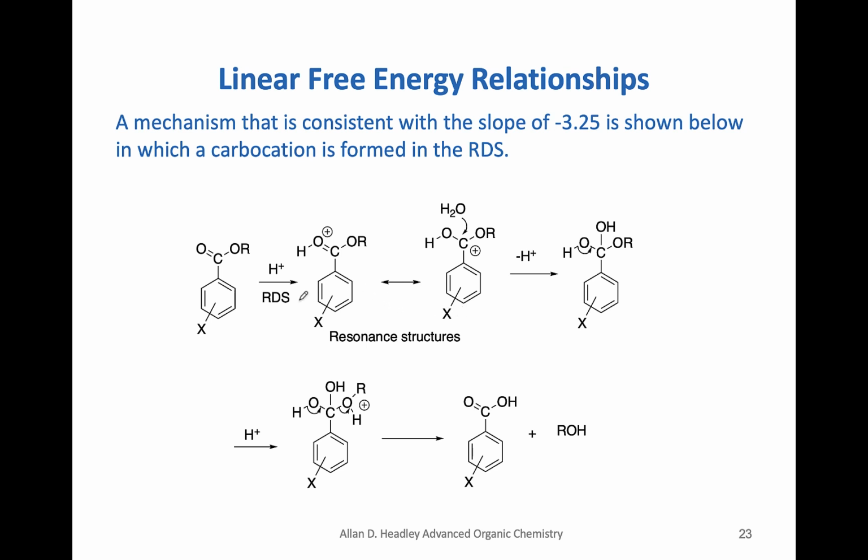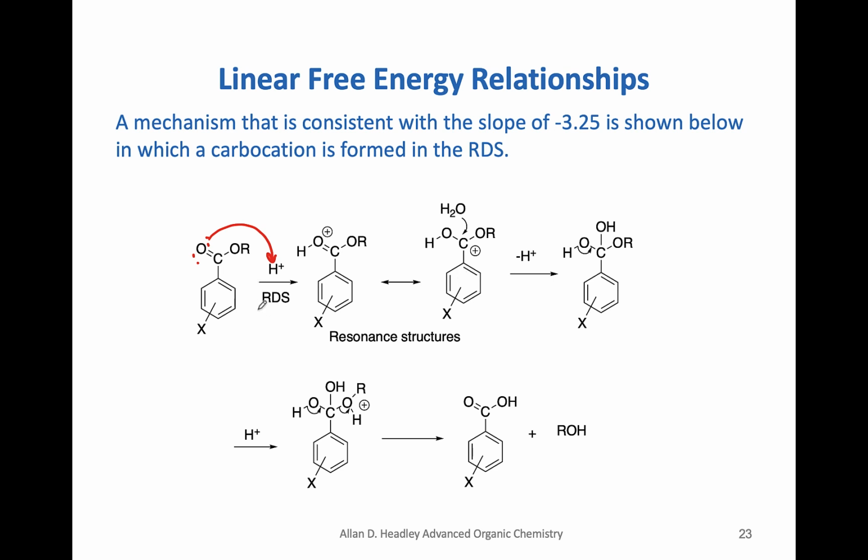So here we have the ester. H plus, of course, as you can expect, would protonate these electrons over here. So we have this coming over here to get that resonance stabilized carbocation. This carbocation is stabilized by electron donating groups, which means that electron donating group makes it faster, which means that we have a negative slope here.